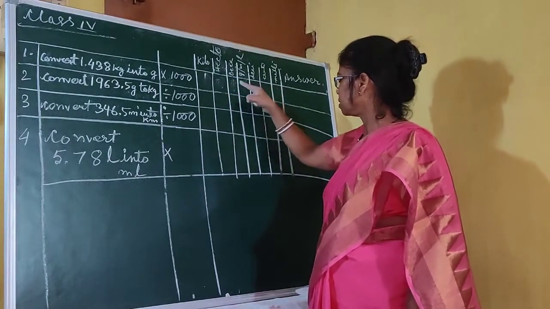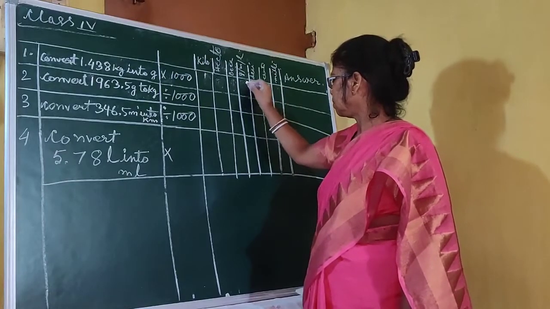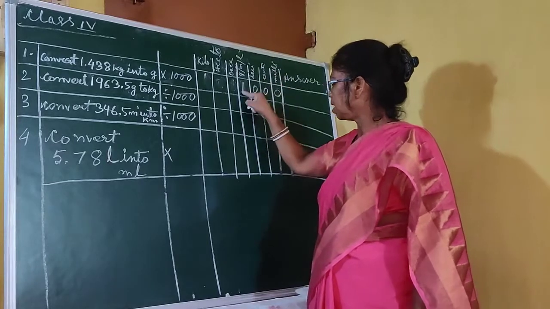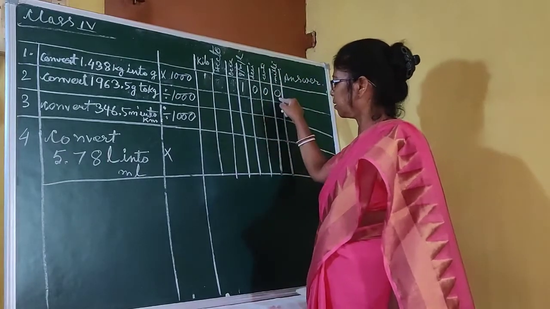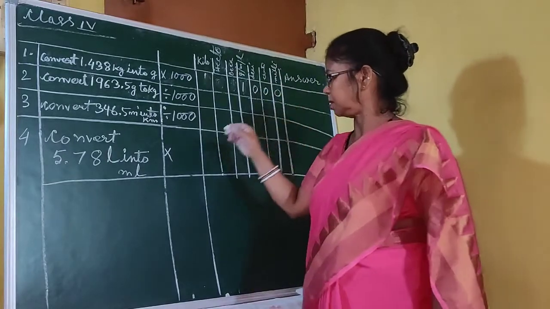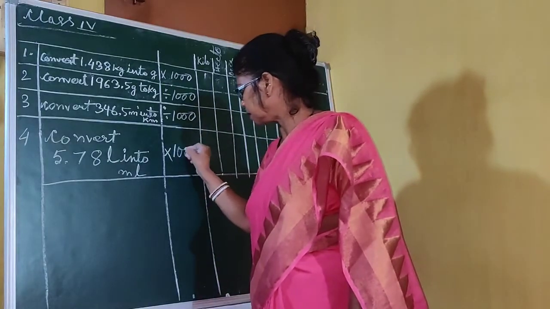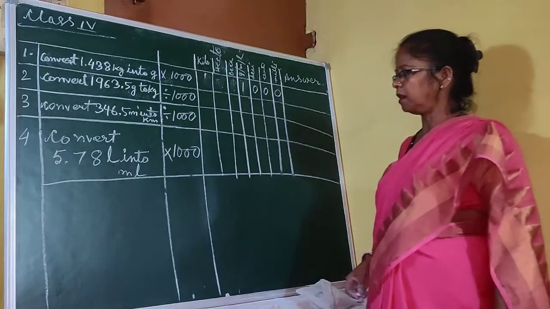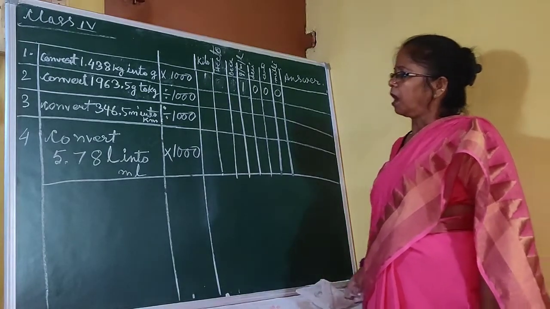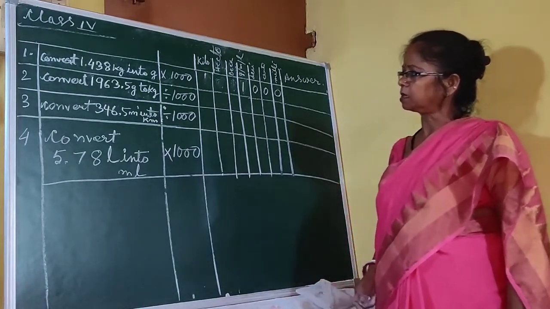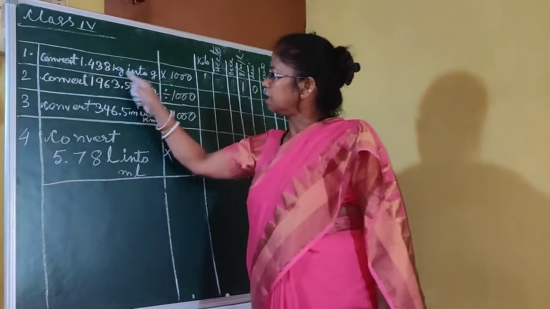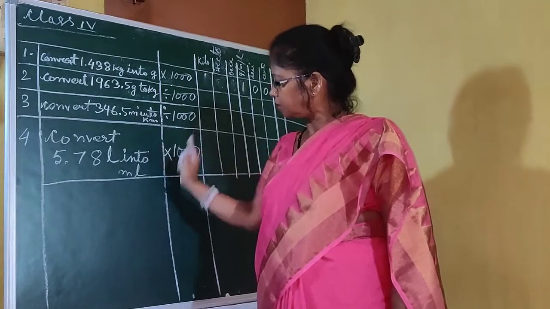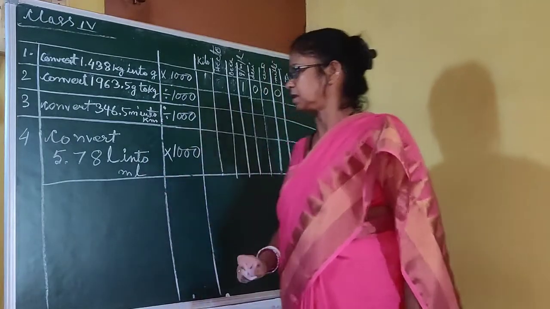Start from liter, write 1, then put 0s, so 1000. 1 liter is 1000 milliliter. Once check it: kg to gram, 1000; gram to kg, 1000; meter to kilometer, 1000; liter to milliliter, 1000.